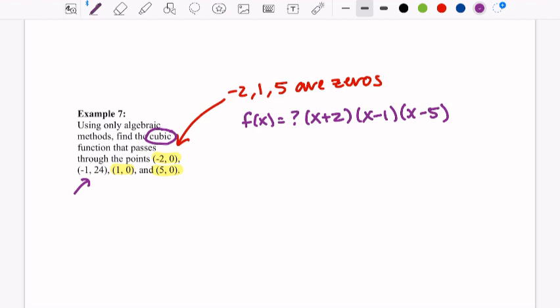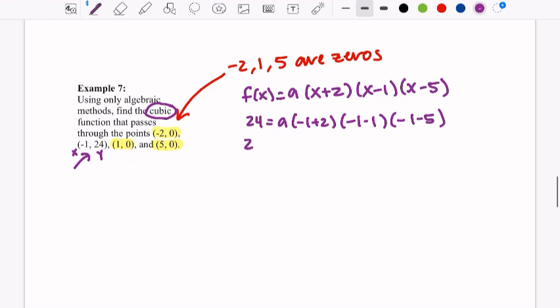We've looked at this a little bit in class before, but we are going to use our other point to help us figure out what our leading coefficient needs to be. So we have an x value and a y value, and we're going to plug that into the corresponding parts in our function and find a. So 24 will be equal to a times -1 plus 2 times -1 minus 1 times -1 minus 5.